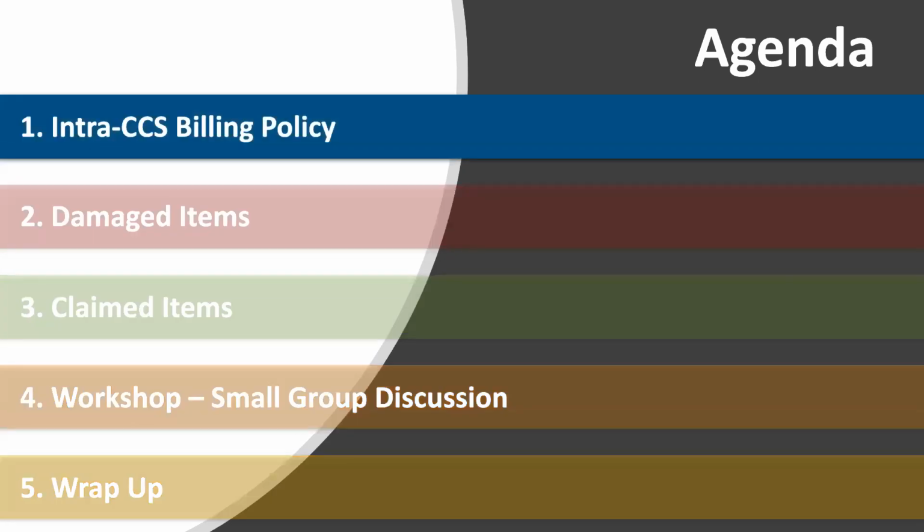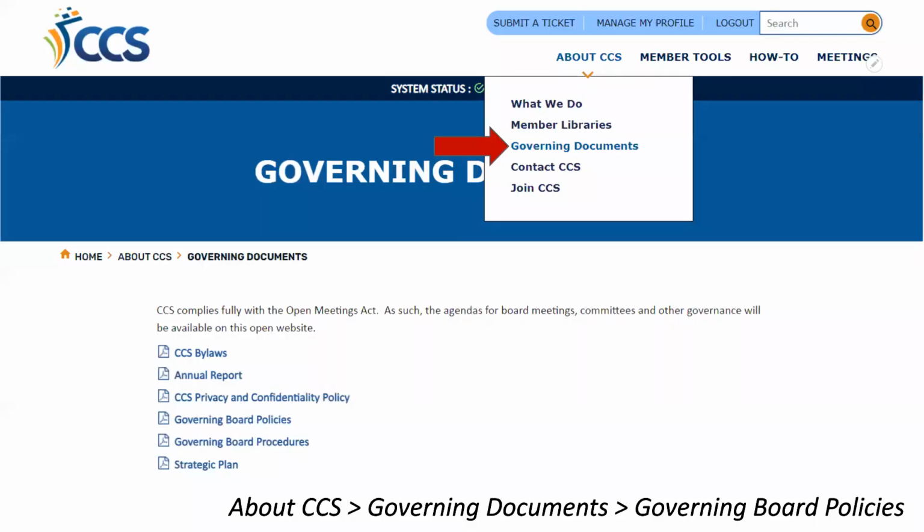Now, when we talk about problem items like damaged copies and claims returns in a consortium setting, it's important to know what policies are in place that relate to payments. So for policies, we will look to our governing board. Governing board policies are posted on the CCS website so anyone can access.